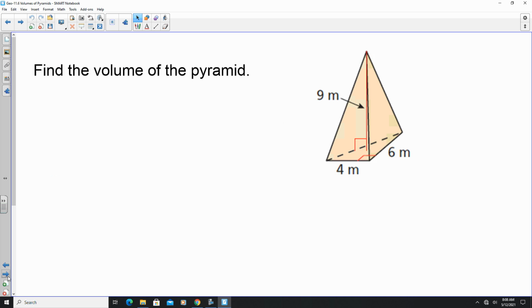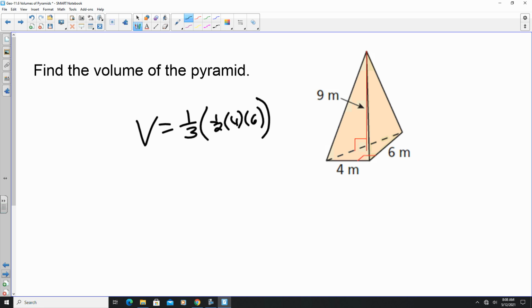So with that, we want to find the volume of this pyramid. So looking at 1/3 times the area of the base. In this case, they say it's a right triangle where the base looks like 1/2 times 4 times 6, and then the height of this is 9 in the main pyramid.